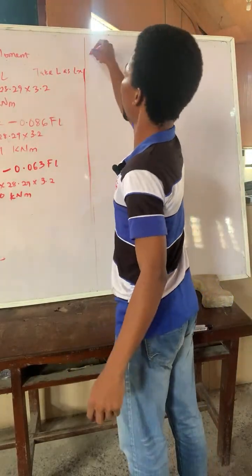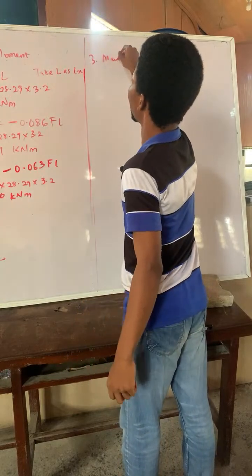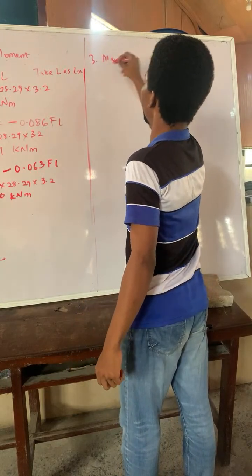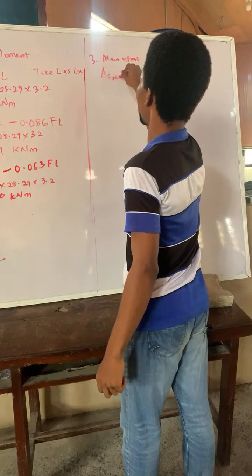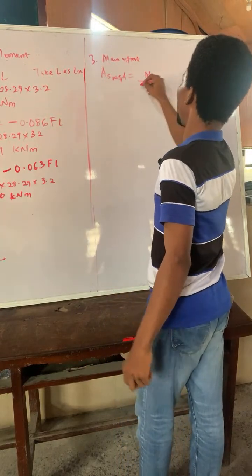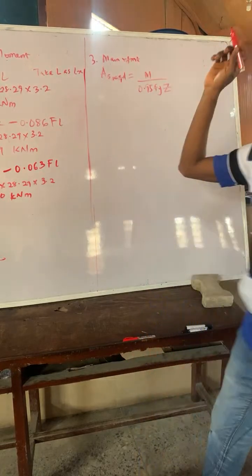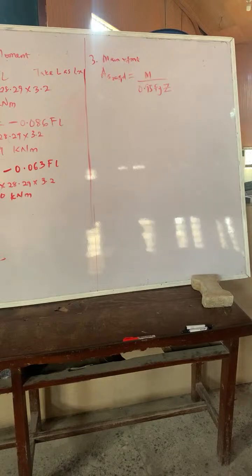Now we are moving to our main reinforcement. That is As required, which is equal to M over 0.95 fy z. Please listen, guys.